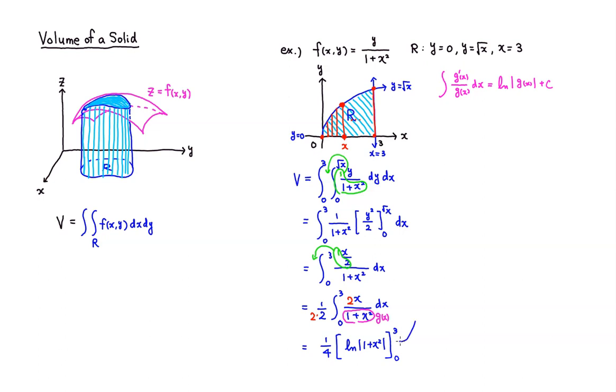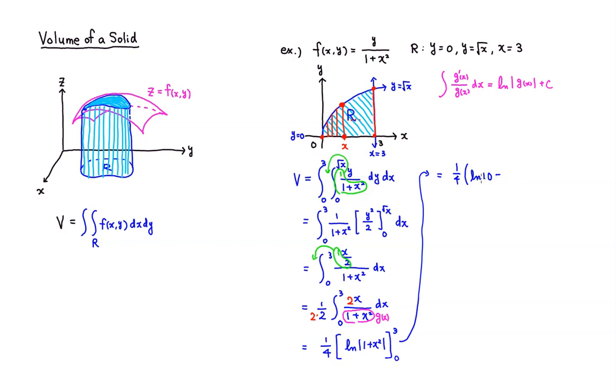All right, we're almost there. So you have 1/4. If you plug in 3, you get the natural log of 1 plus 3 squared, which is 10. So it's the natural log of 10 minus, if you plug in 0, the natural log of 1, which is 0.